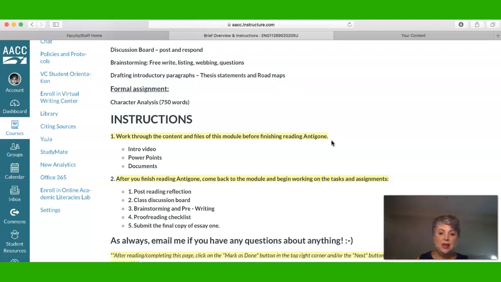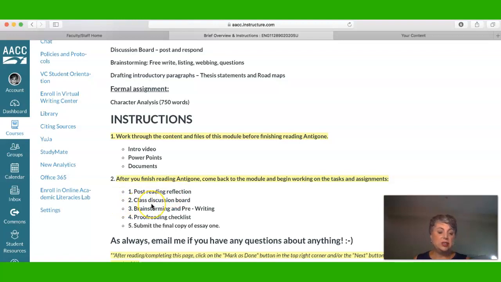And then number 2, after you finish reading Antigone, come back to the module and begin working on the tasks and the assignments. So you'll notice that one of the tasks is a post-reading reflection, right? Obviously, that reflection needs to come after reading Antigone.